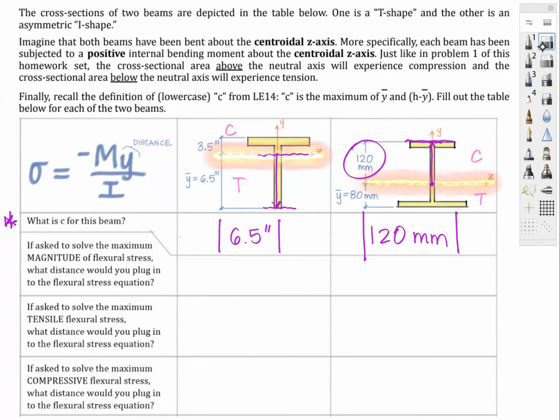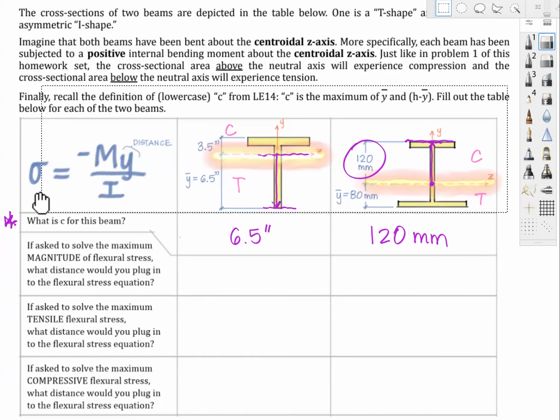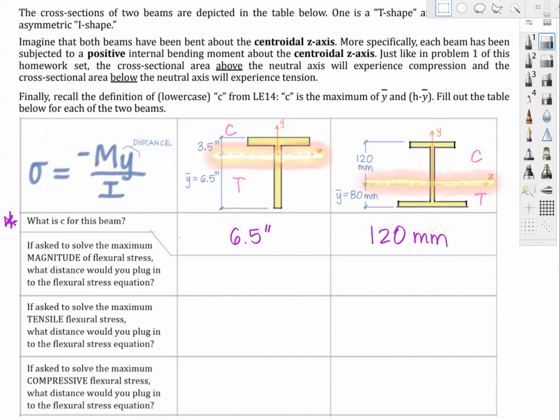So either with or without the absolute value sign, that is the best answer to this first row. And again, I fully acknowledge that this problem needs to be reworded and workshopped a little bit. So I apologize for that.